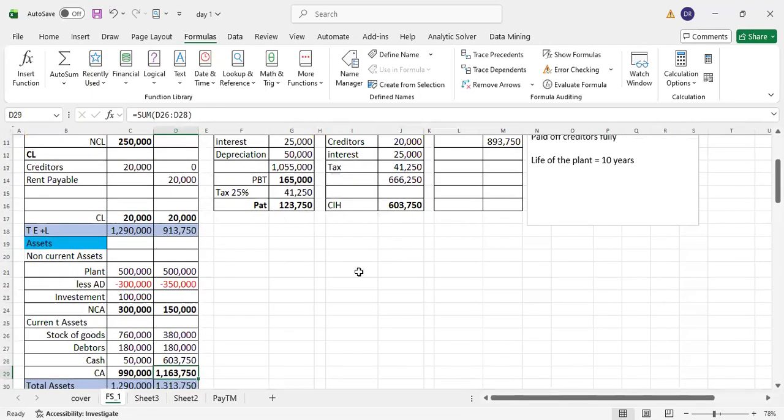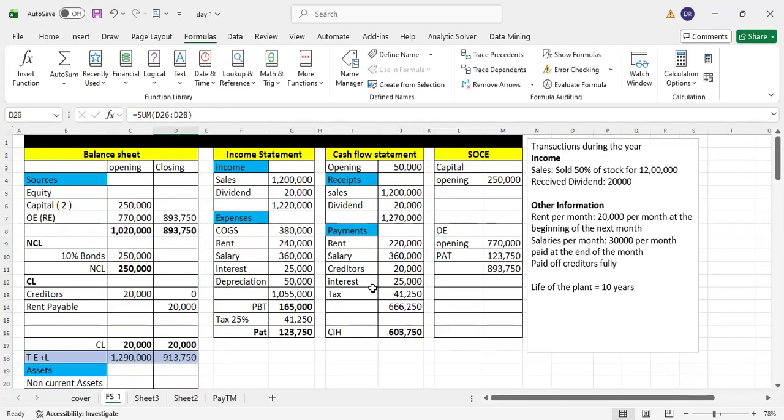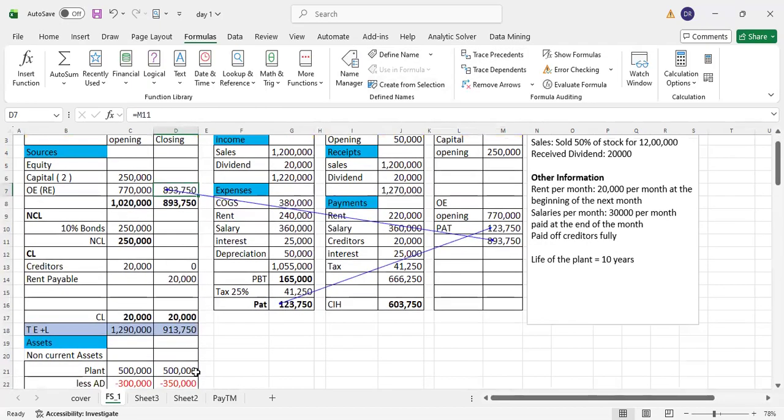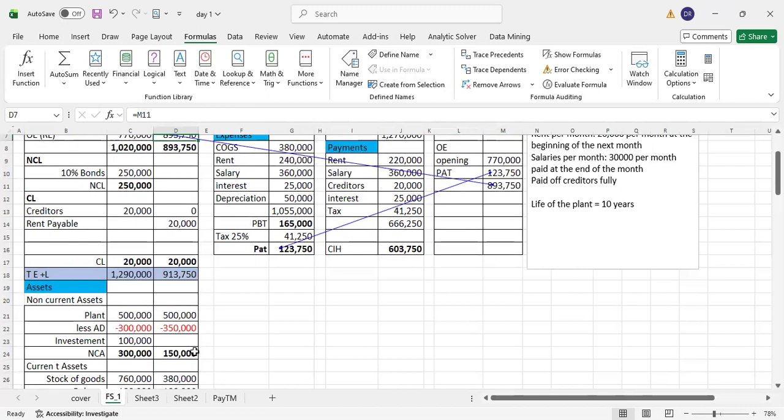So the two important items, that is PAT and cash, which are the result of the income statement and the cash flow statement, show us the interrelationship between these financial statements, particularly through the lens of other equity and the cash in hand.